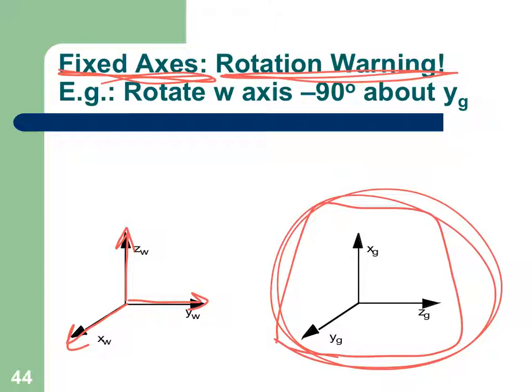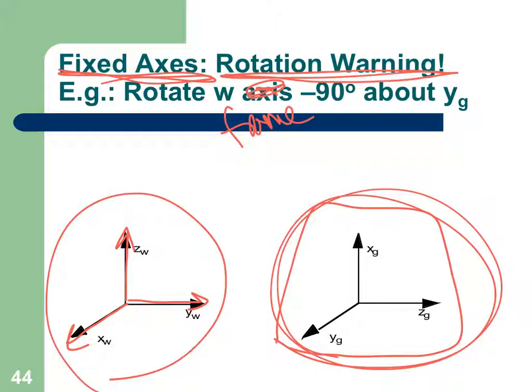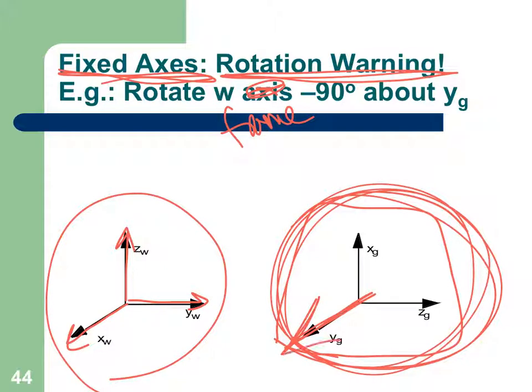I want to rotate this frame. It says the W axis, but let's say the W frame, by -90 degrees about the Y axis, this guy here, right?